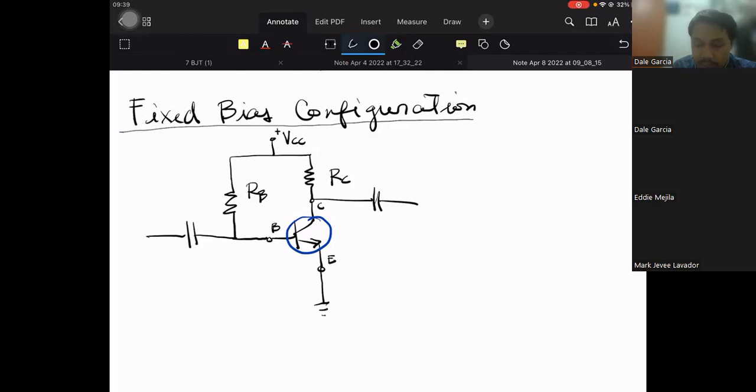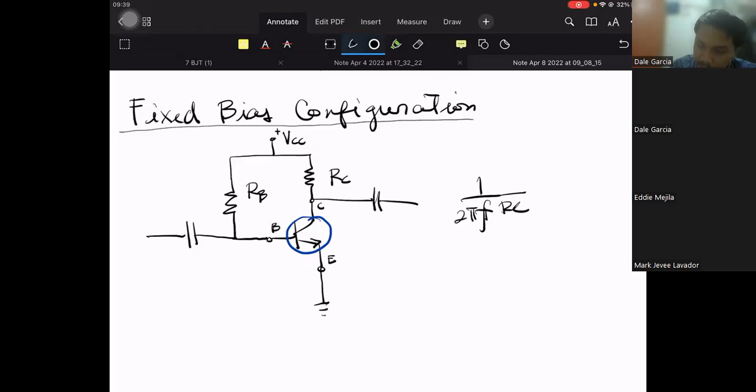If we solve for the reactance of these capacitors, the formula is 1 over 2 pi f C, if I'm not mistaken.